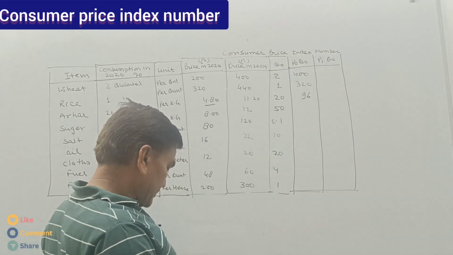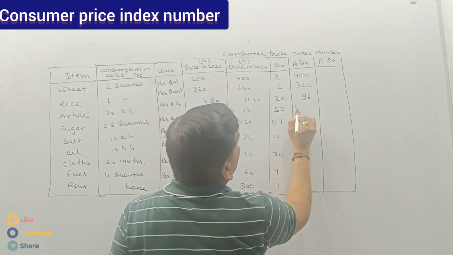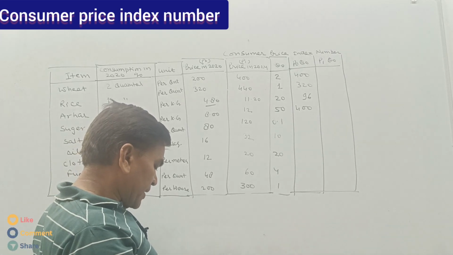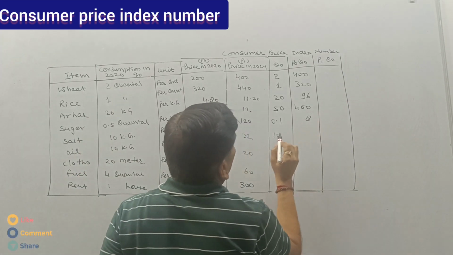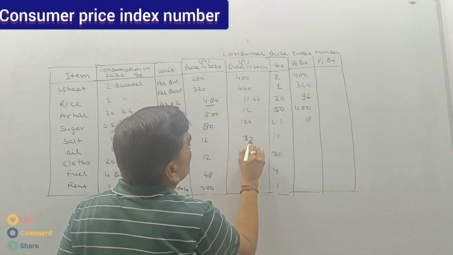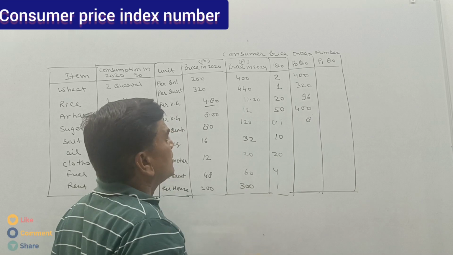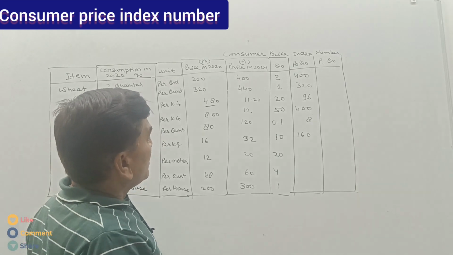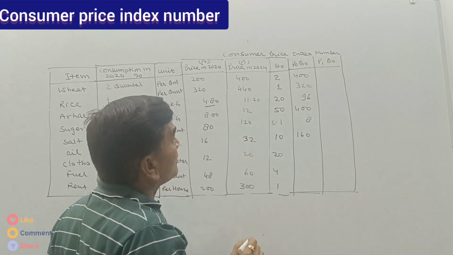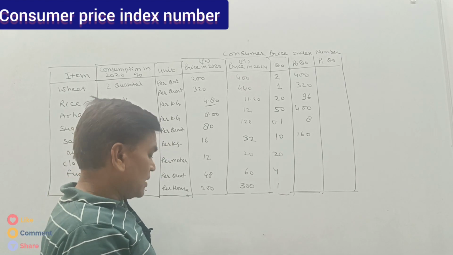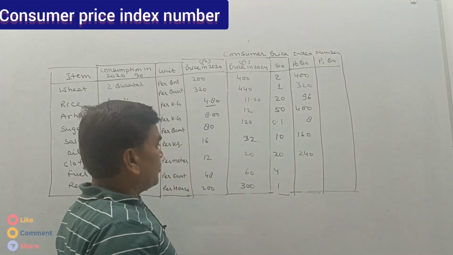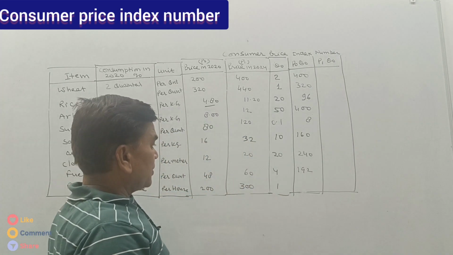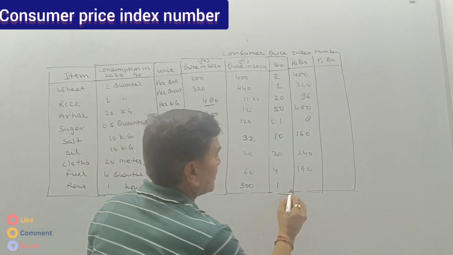50 multiplied by 8, that is 400. 80 multiplied by 0.1, that is 8 rupees. 16 multiplied by 10, so 160. 12 multiplied by 20, that is 240. 48 multiplied by 4, that is 192. 200 multiplied by 1, so 200.